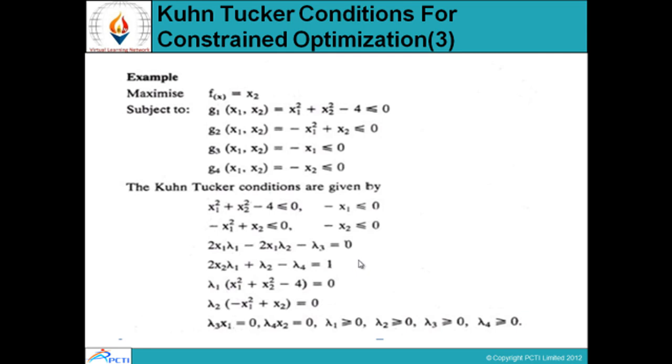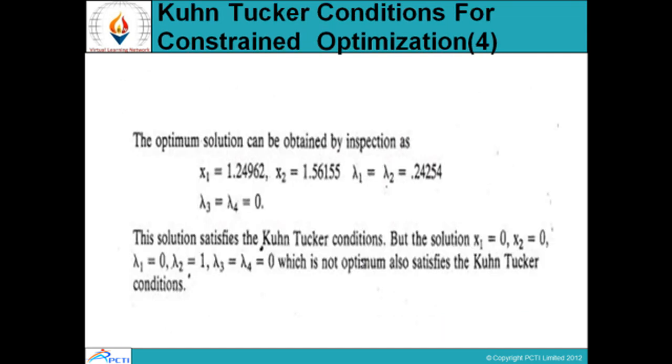So, taking lambda 1 common, we have x1 square plus x2 square minus 4 equal to 0, then taking lambda 2 as common, minus x1 square plus x2 equal to 0. Also lambda 3 x1 equal to 0, lambda 4 x2 equal to 0, lambda 1 greater than or equal to 0, lambda 2 greater than or equal to 0, lambda 3 is also greater than or equal to 0, and lambda 4 is also greater than or equal to 0.